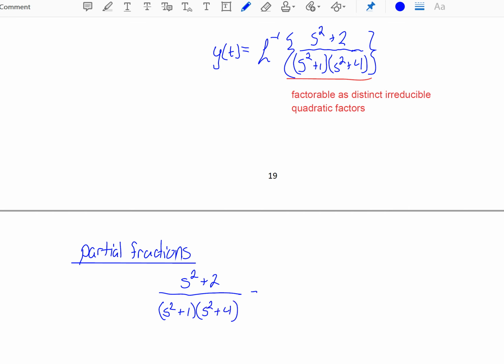And when you have irreducible quadratic factors in your denominator, your numerator is going to be of the form as plus b. It has to be a linear term in our numerator over s squared plus 1, plus another linear term cs plus d over its quadratic factor.